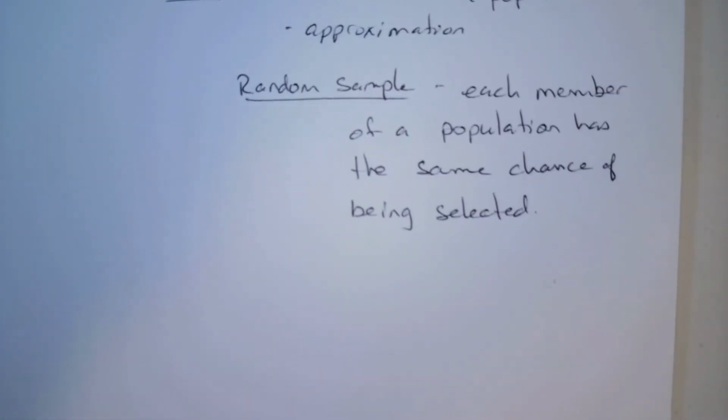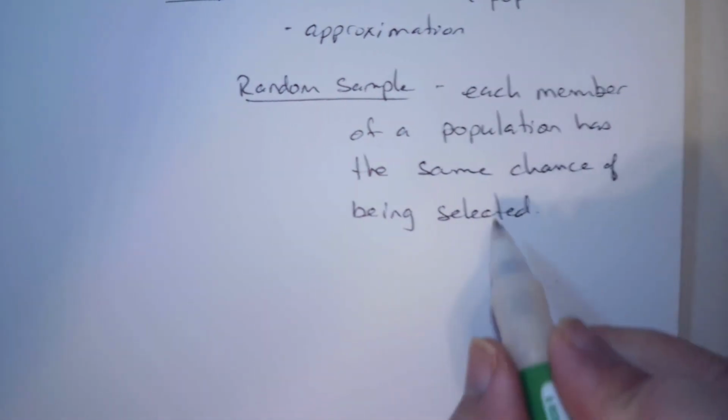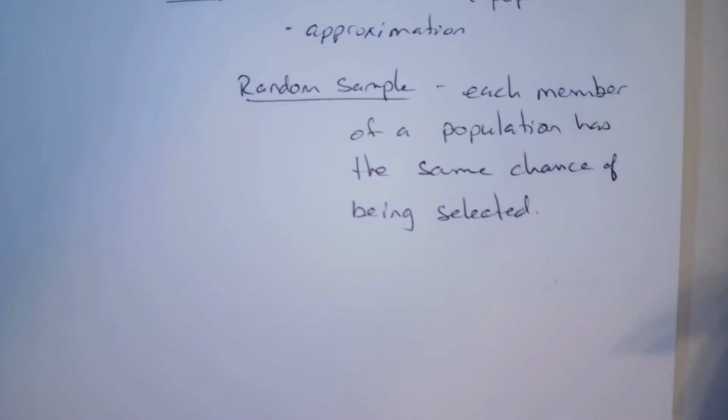It's done by random. You go to any town, and if you're studying that group of students or individuals in that town, anybody you pick, each member in the population has the same chance of being picked.